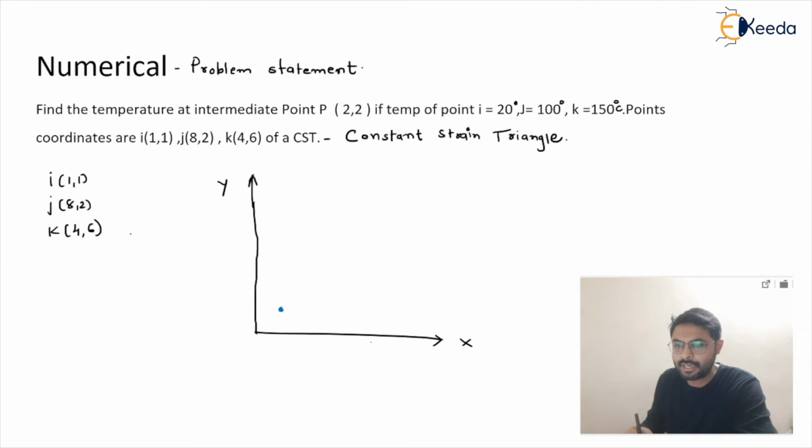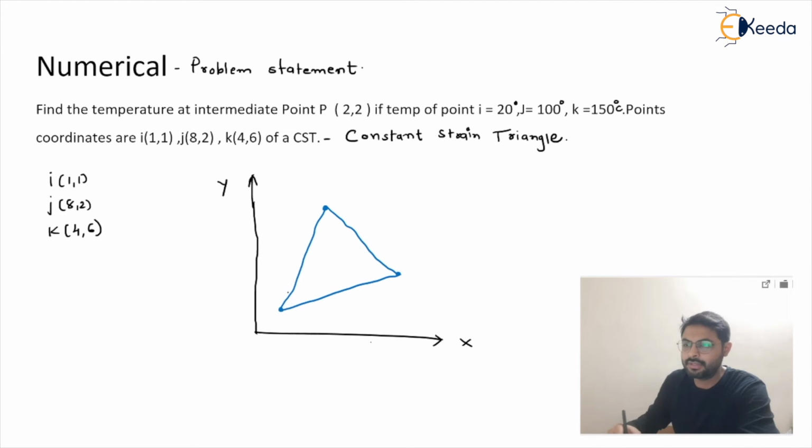Second point is 8, 2, so it is somewhere here. And third point is K 4, 6, so it is around here. So this is my triangle, which is a constant strain triangle, which is having three nodes I, J and K.